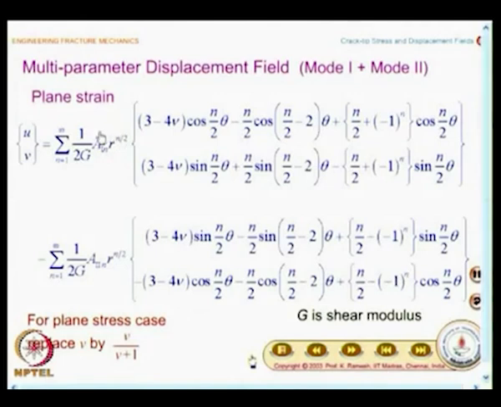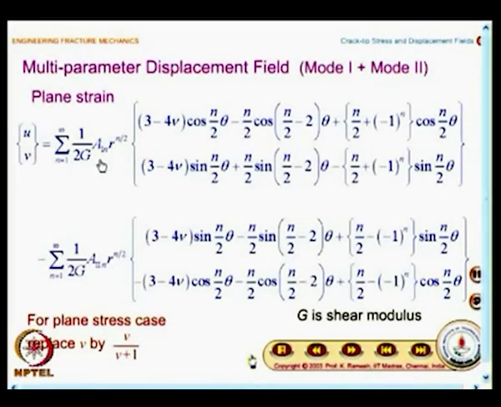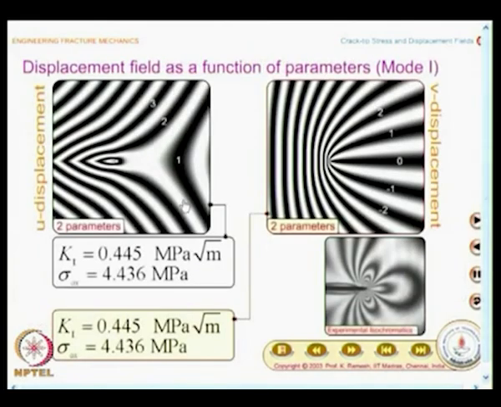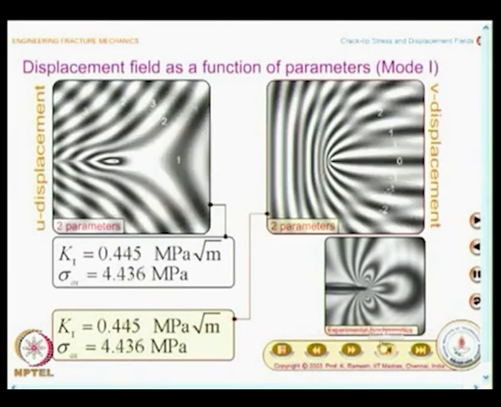And what is done here is, you have the coefficients for this displacement field again as a11, a12 and so on. These are already determined from the stress field. The experiment done is only from photoelasticity. You have these coefficients, and these coefficients could be used to plot even the displacement field, and that is what you see for the mode 1 situation.